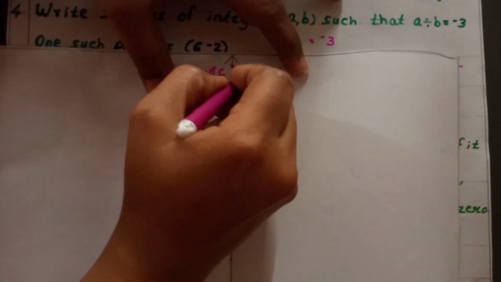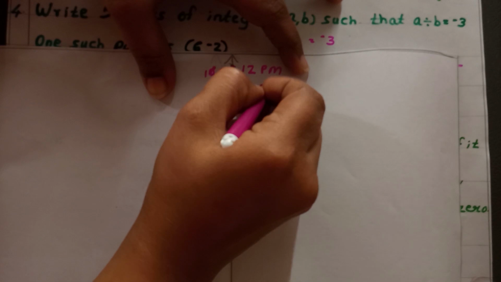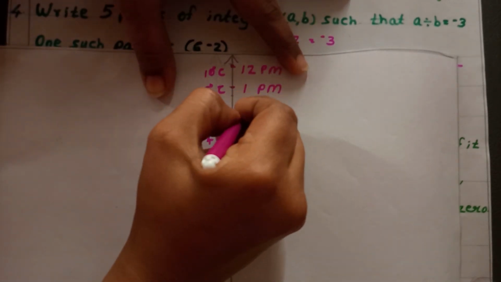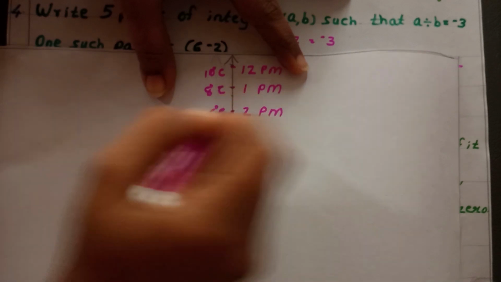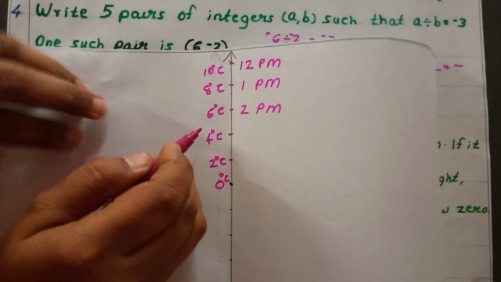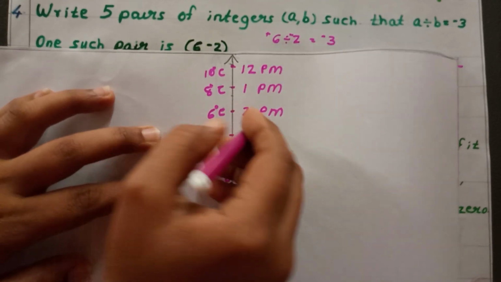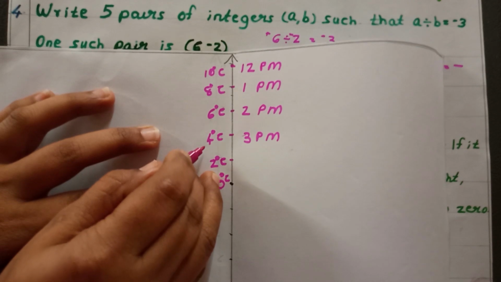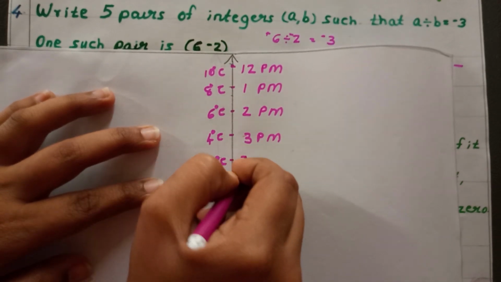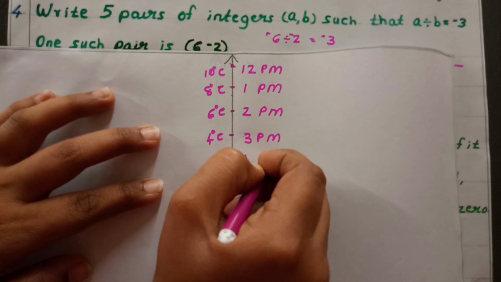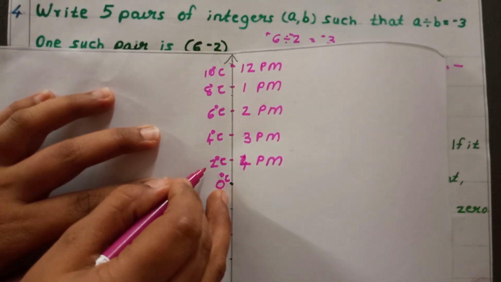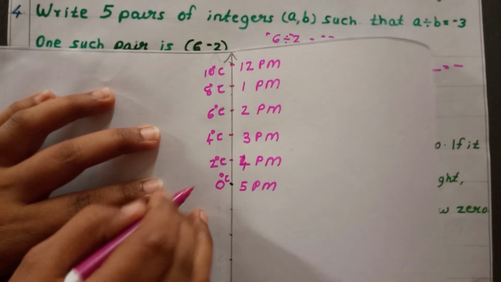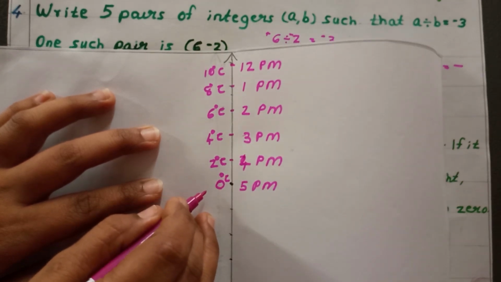So at 1 p.m. the temperature will be 8 degrees Celsius, and at 2 p.m. the temperature will be 6 degrees Celsius. At 3 p.m. the temperature is 4 degrees Celsius. 4 p.m., temperature is 2 degrees Celsius. 5 p.m., temperature is 0 degrees Celsius.